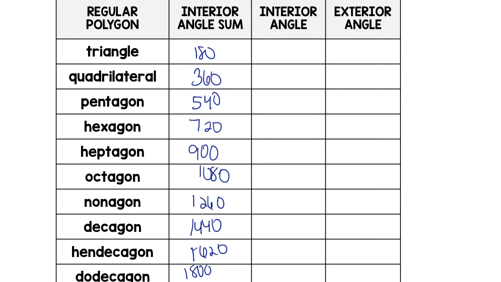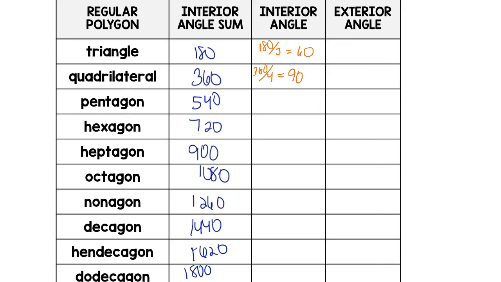The interior angles, each of them: triangles got 3 sides, so 180 divided by 3 is 60. Likewise, 360 divided by 4.